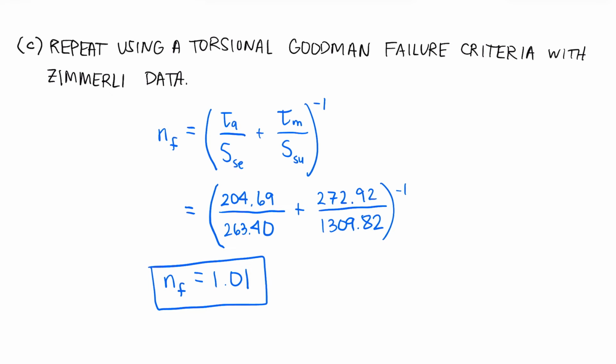So this is the safety factor for the Goodman fatigue criterion, and your book finds a different number. I'm not sure where they got their shear endurance limit from, so this is one of the errors in your textbook. They use a different number down here for this endurance limit, but we found that it's 263.40 in the previous parts of the problem, so we're reusing that again here.